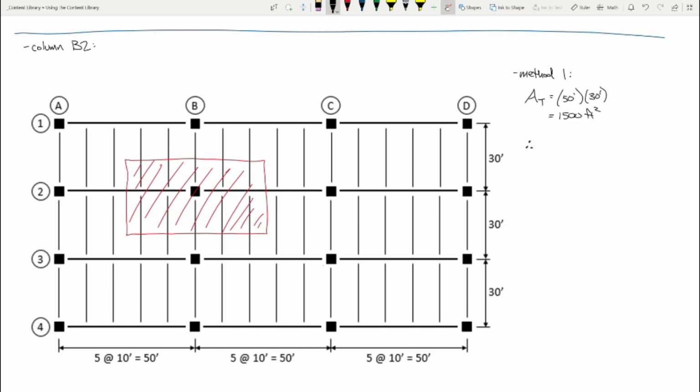So therefore, the load on the column, I'll call that big P, is that. I think I can do that one in my head. I think that one's what? 30,000 pounds? Or 30 kips, is that right? Now that's one way of looking at it. Okay? Here's another way of looking at it.